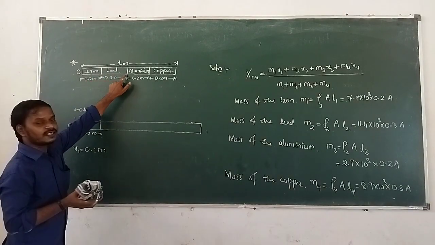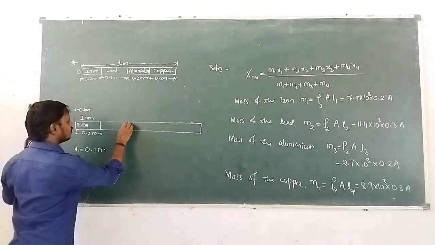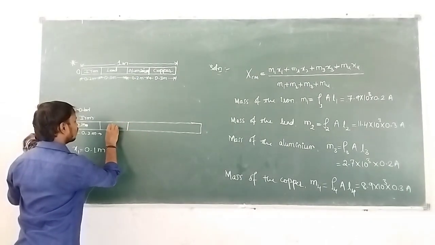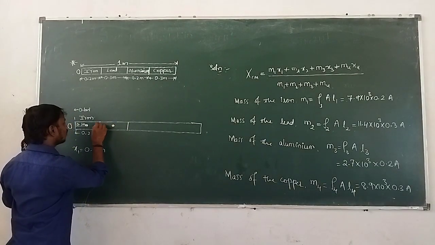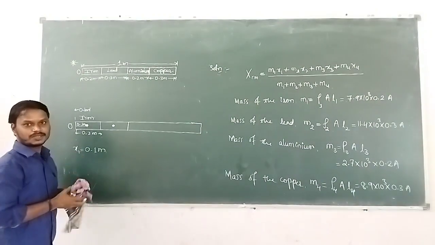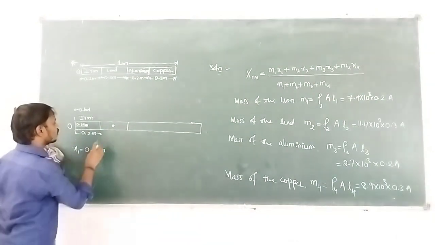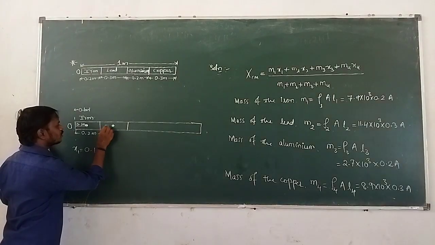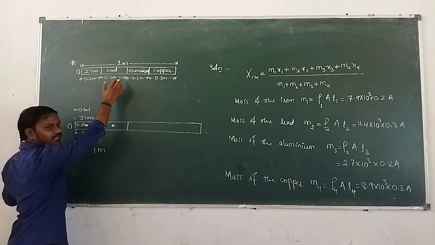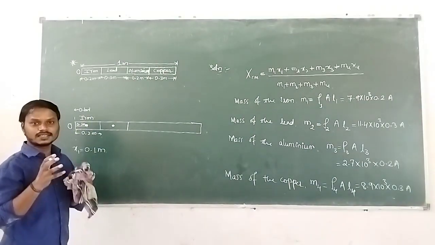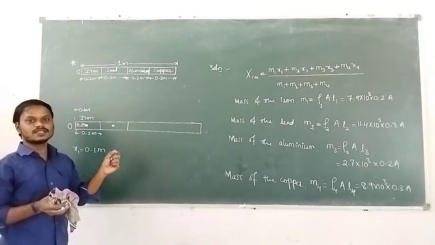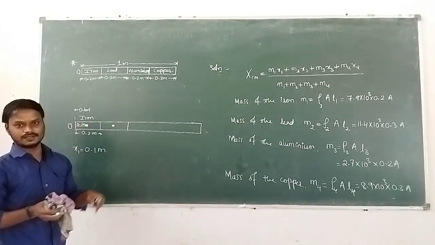Again, exactly at the midpoint of the lead. So see, this is the lead. But the total mass of the lead from the end O we have put, from end O. So it is at what distance now? Total length of the lead is 0.3. But its entire mass is located at 0.15.